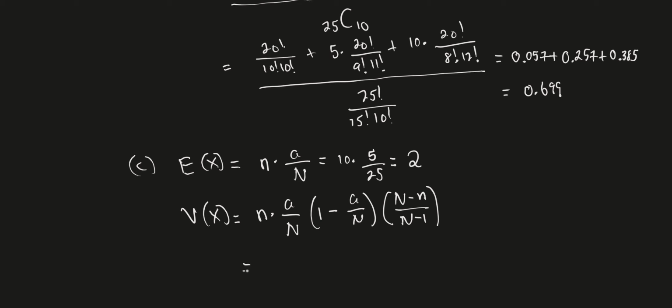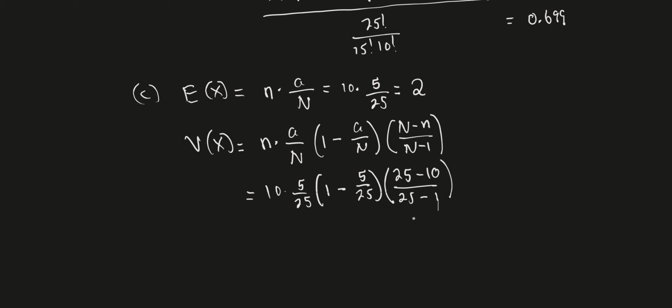So in this case, we got 10 times 5 over 25 times 1 minus 5 over 25 times, big N is 25 and we're sampling 10, so 25 minus 10 over 25 minus 1. Right? So what does that come out to be?